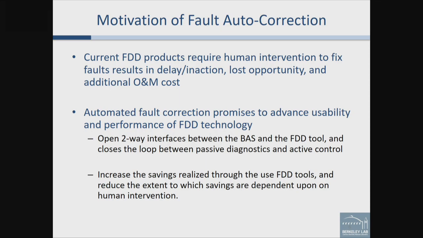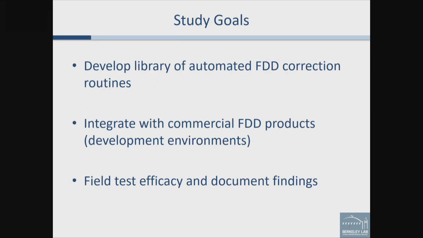So we think these automated fault correction techniques can advance the performance of the current FDD technology. It will turn the one-way communication between the FDD tool and the building automation system into two-way communication. So when people use the FDD tools, they can also have a way to automatically fix things. This is a 3-year project.